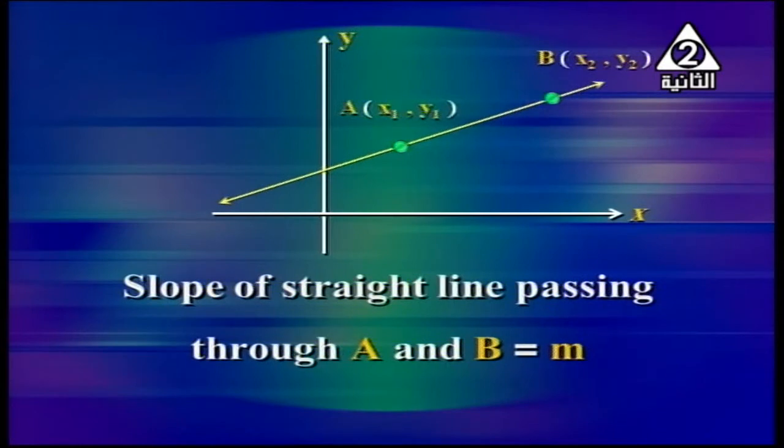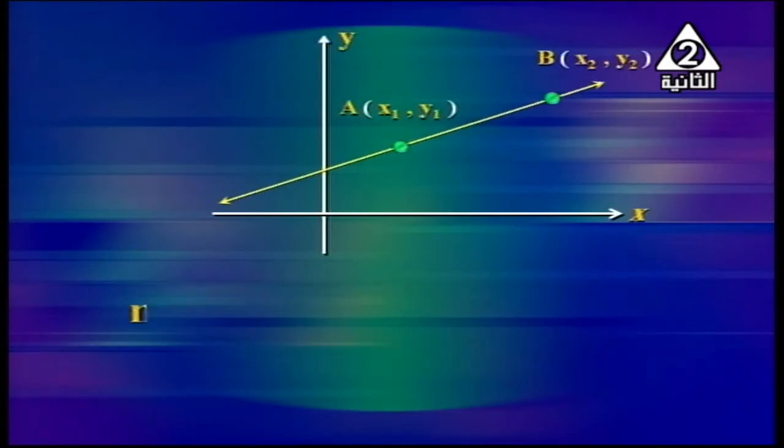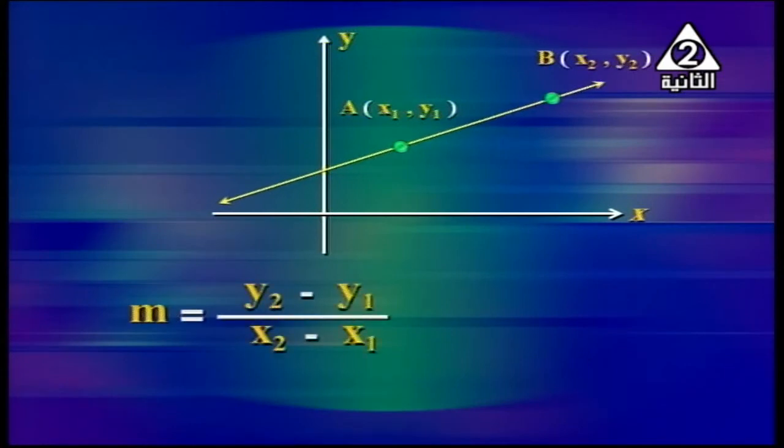So to find the slope of the straight line passing through these 2 points, m will be y2 minus y1 over x2 minus x1. And we must say that x2 minus x1 will not be equal to 0, as any number except 0 over 0 will be undefined.